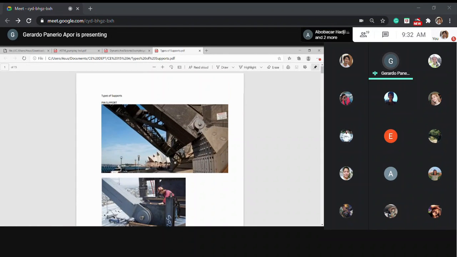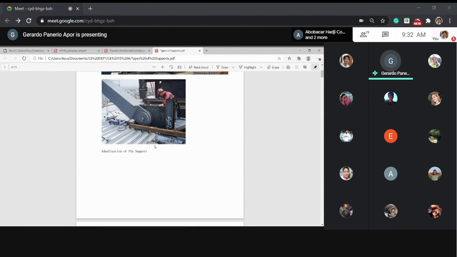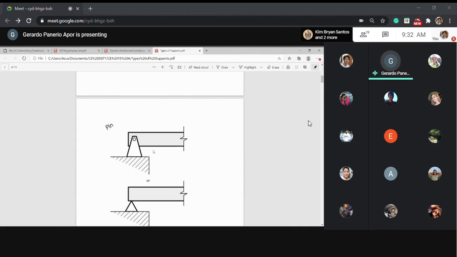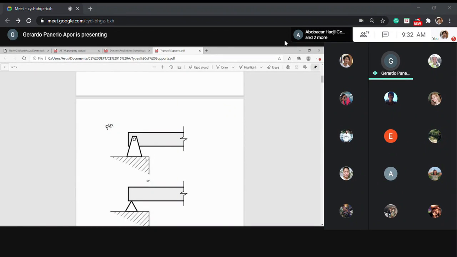This one is an example of a pin support. Now, if you want to idealize it, this is the idealization of a pin support. In the books, it comes out like this, no?